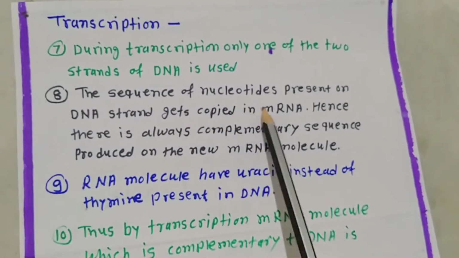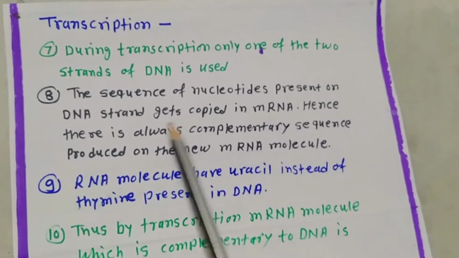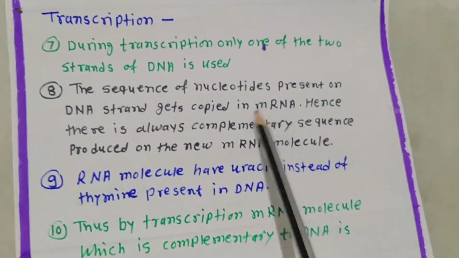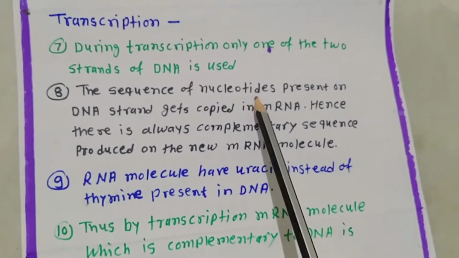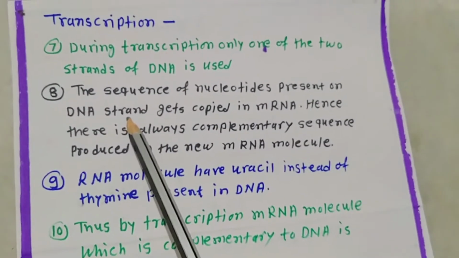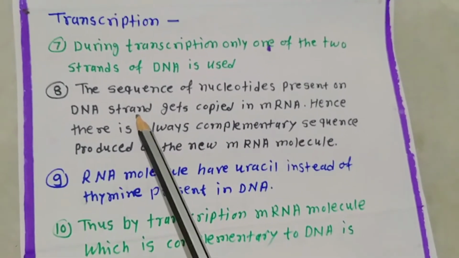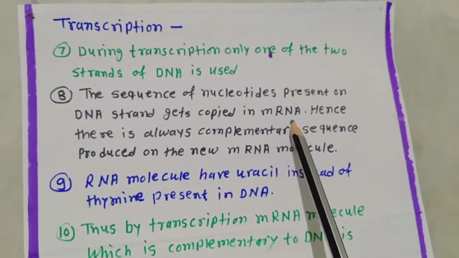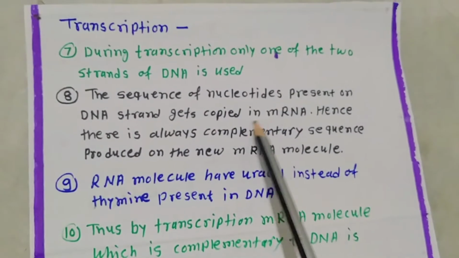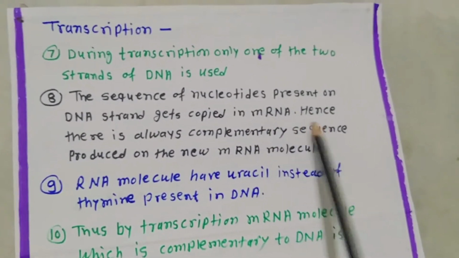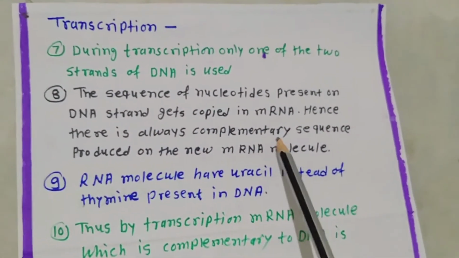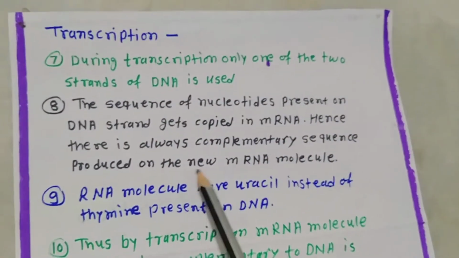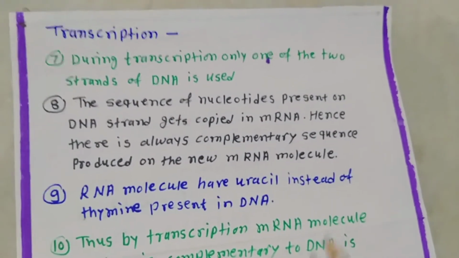The sequence of nucleotides present on the DNA strand gets copied in messenger RNA, like the Xerox process. Hence, a complementary sequence is always produced on the new messenger RNA molecule.